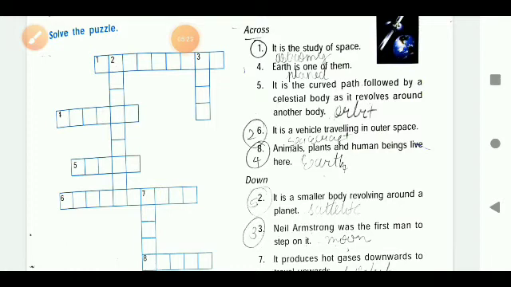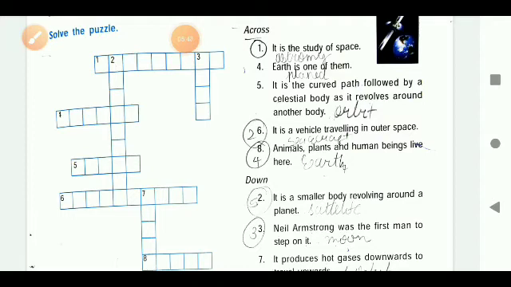Earth is one of the planets, then it is true. If it is written Earth is one of the satellites, then it is false. Then the question will be asked like this: spacecraft is a vehicle traveling in outer space, is it true or false?